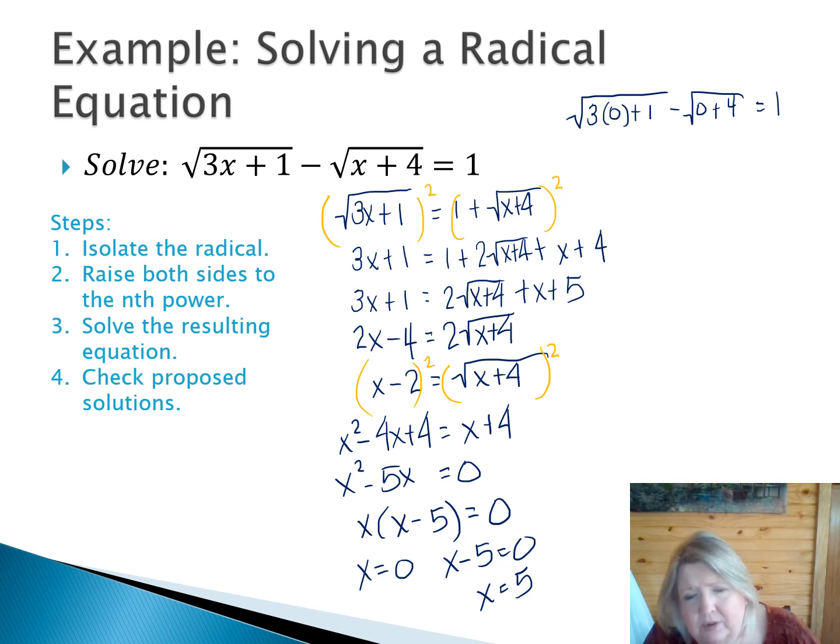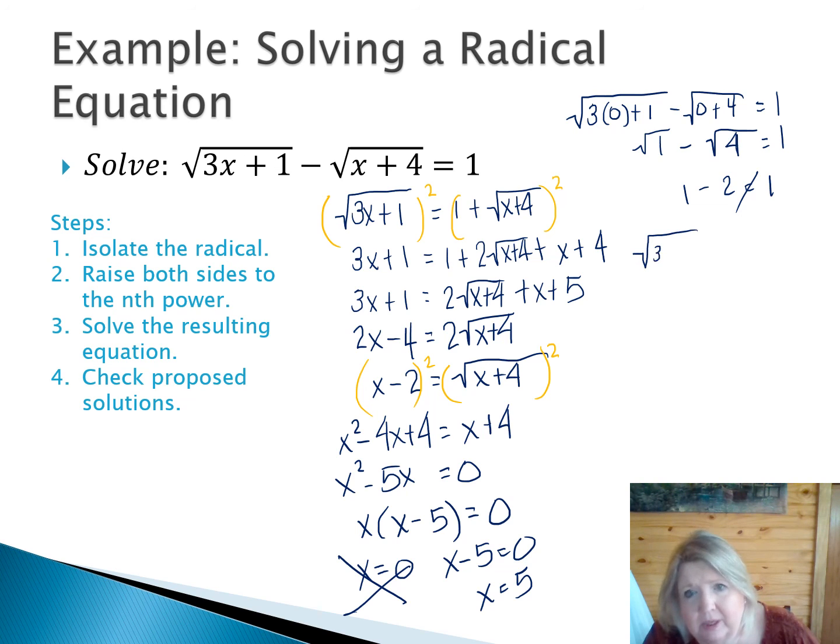And I get 3 times 0 is 0, so this is square root of 1 minus square root of 4. I get 1 minus 2 equals 1. Not true. So 0 is out. So let's try 5.